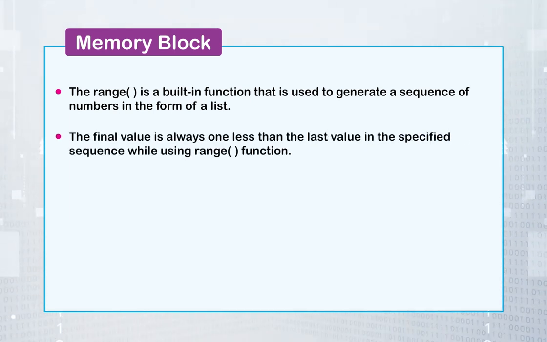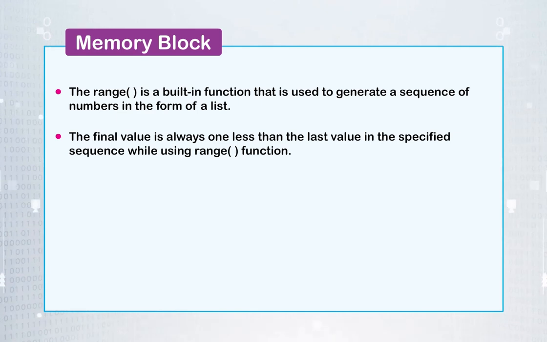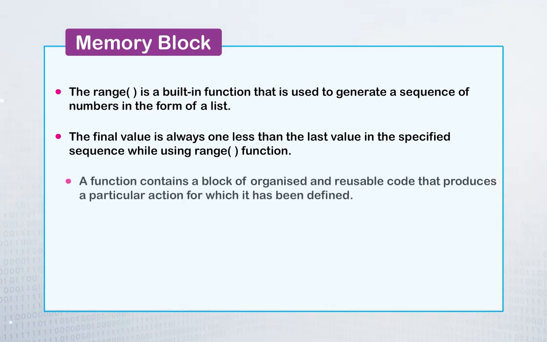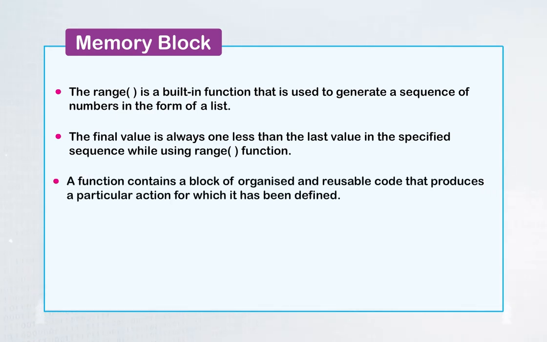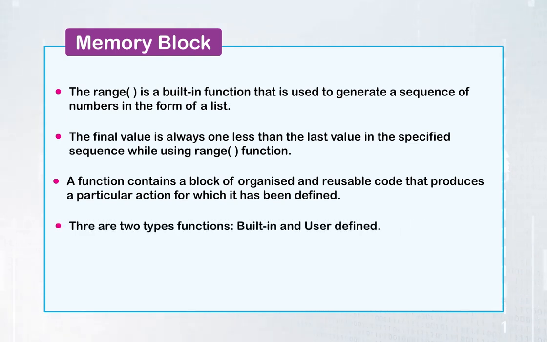The final value is always one less than the last value in the specified sequence while using range function. A function contains a block of organized and reusable code that produces a particular action for which it has been defined. There are two types of functions, built-in and user-defined.